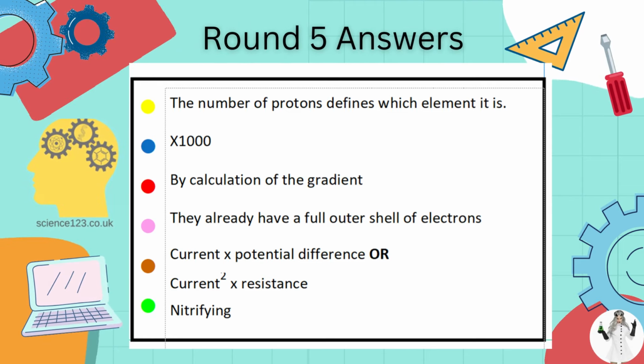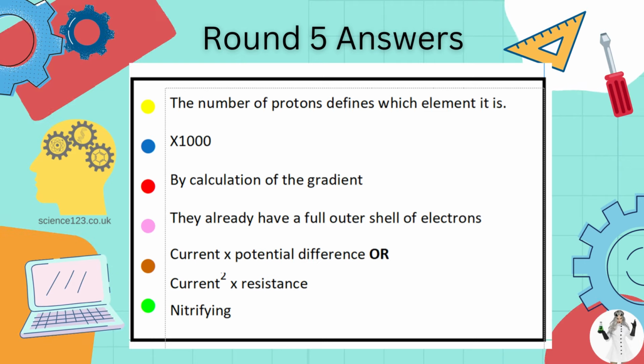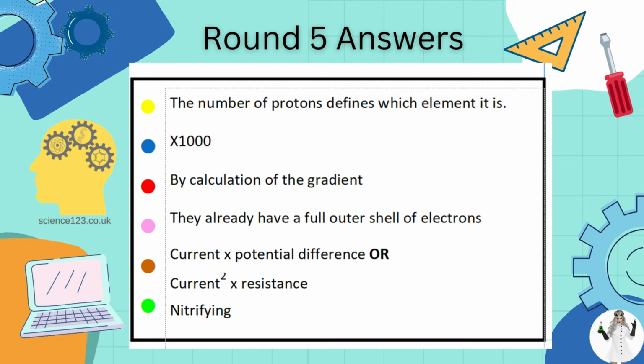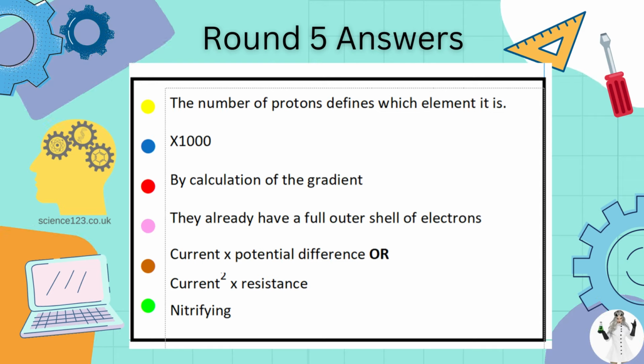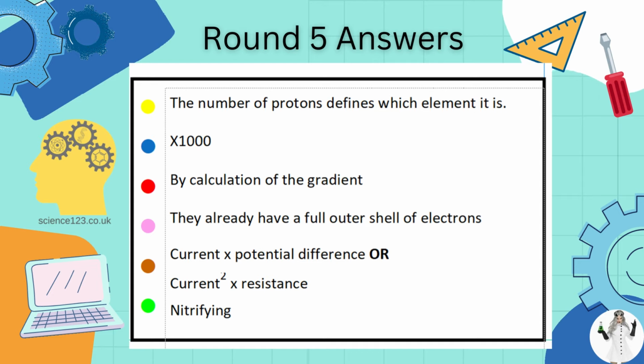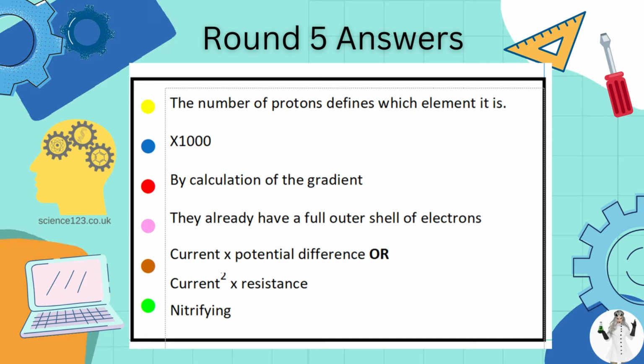The number of protons is always the same for a particular element, whether it's an atom or an ion of that element. Micrometers are converted into nanometers by timesing by 1000, as nanometers are smaller, therefore there will be more of them. Speed is determined from a distance-time graph by calculation of the gradient.